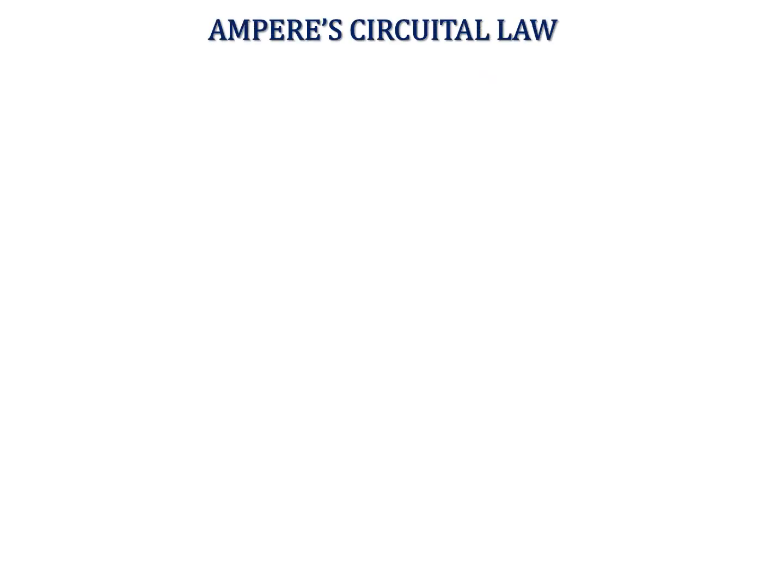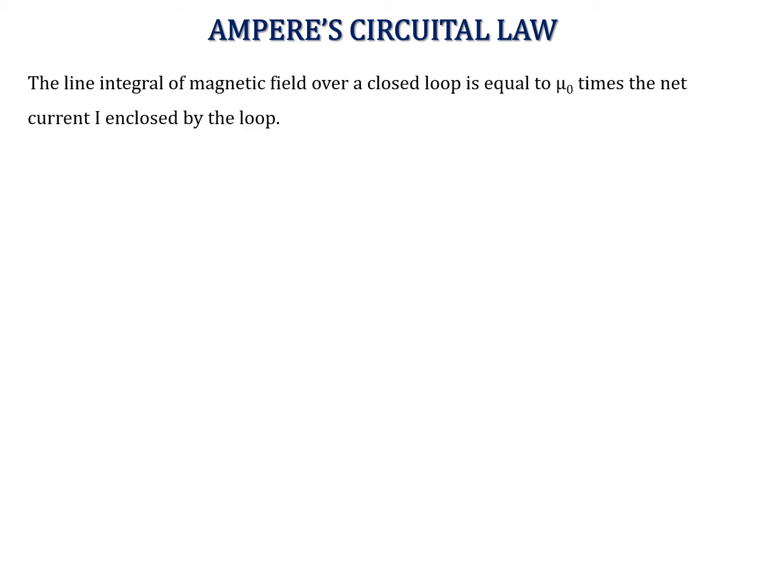We start with Ampere's circuital law. This law is used to find magnetic field due to a current carrying conductor. It states that the line integral of magnetic field over a closed loop is equal to mu naught times the net current I enclosed by the loop.